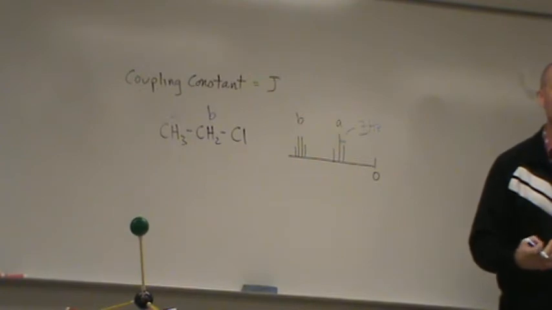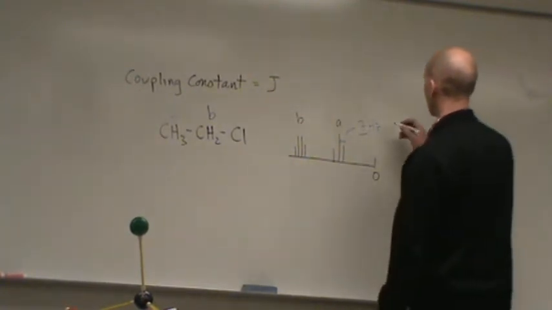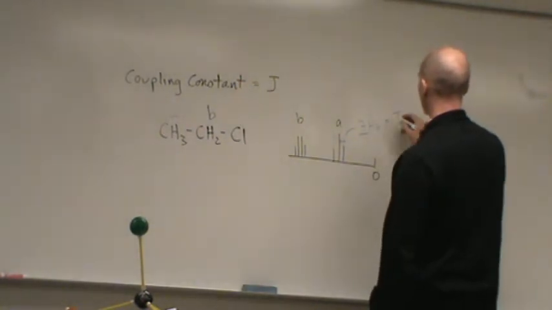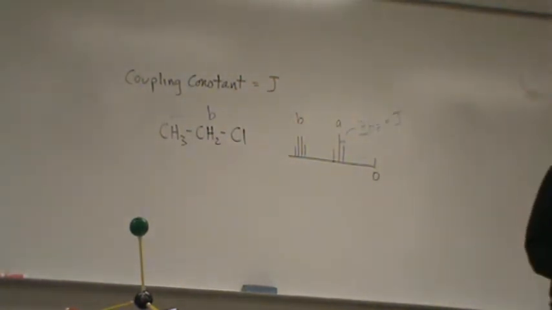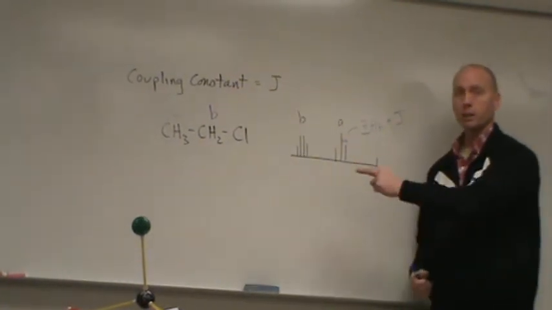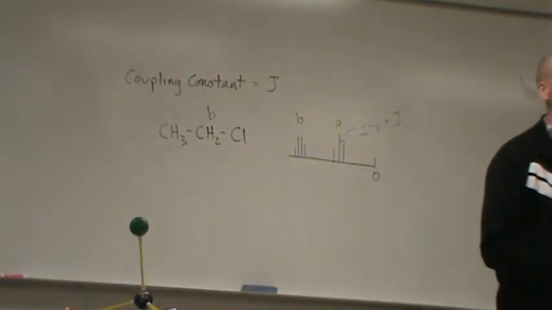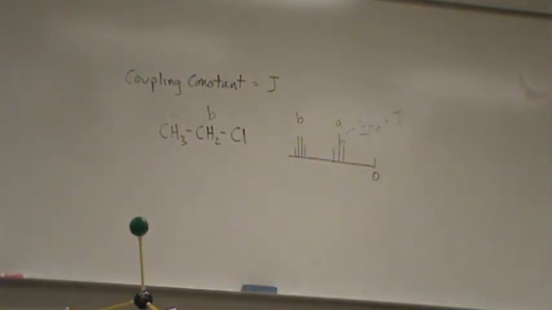So it's not measured in centimeters or meters, it's measured in hertz. Well, that distance is what's called our coupling constant, J. Okay? So this is a way that we can further analyze the peak and report the peak by reporting what its coupling constant is. Okay? Just some extra detail. You might say, what benefit can we get from that extra detail? Here's the benefit.